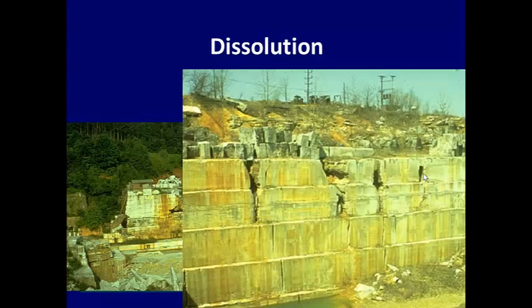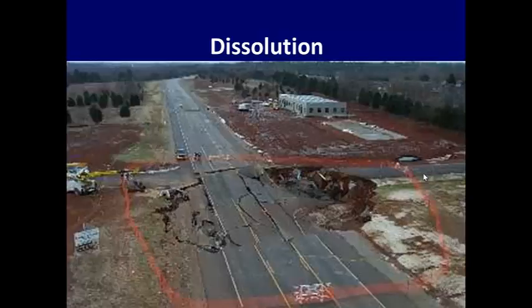So the occurrence of sinkholes in areas underlain by limestone is a consequence of the solubility of the limestone, and it will be an important part of the aquifer system as well. So here's one of the consequences of having sinkholes around. They will collapse, and in some cases with some fairly severe consequences.